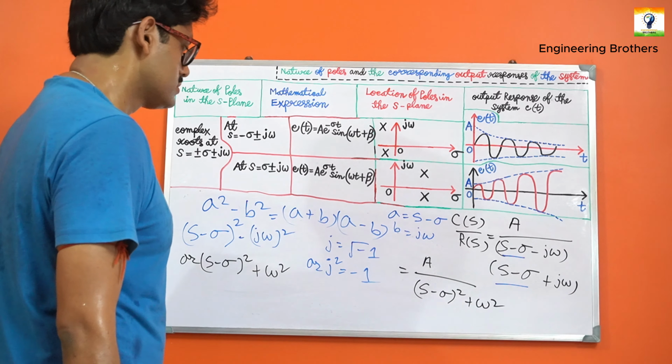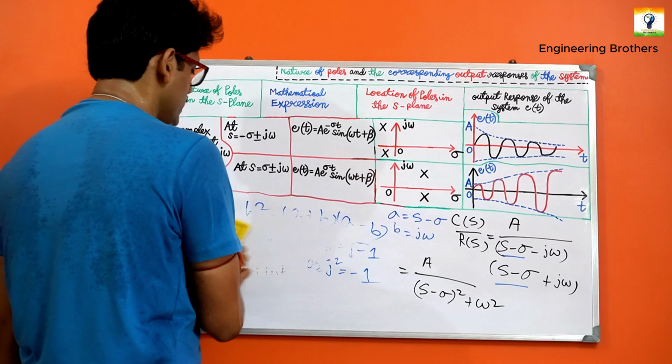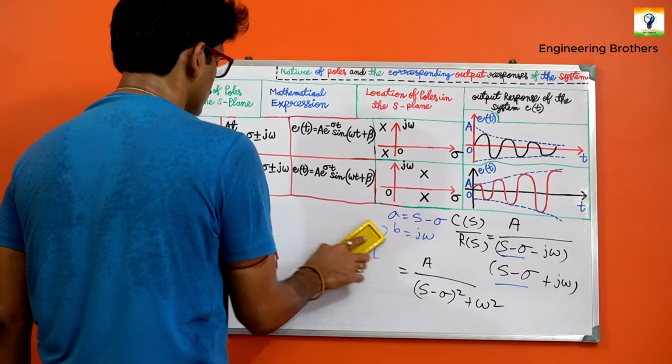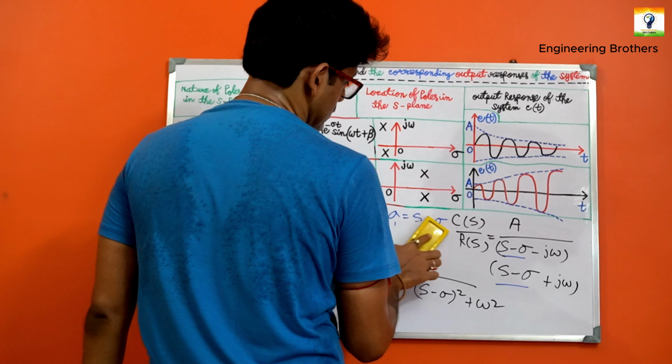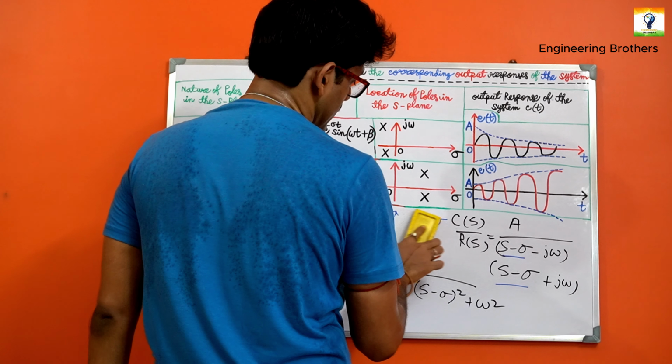Now I am just going to erase it, as we have already explained how to get to that time domain analogy. Ultimately we have our given waveform, that is C(s) by R(s), which will be this one.